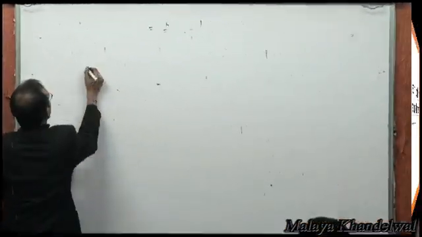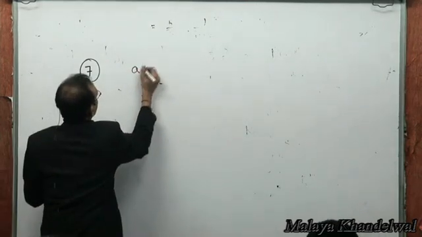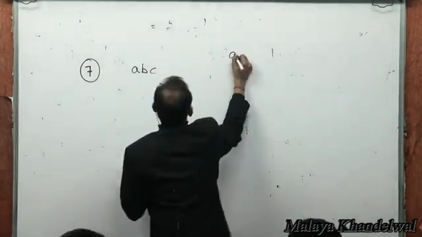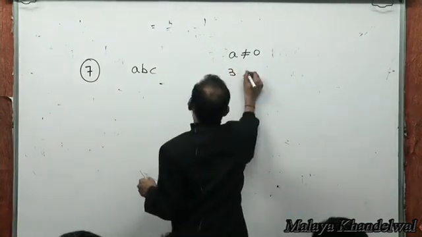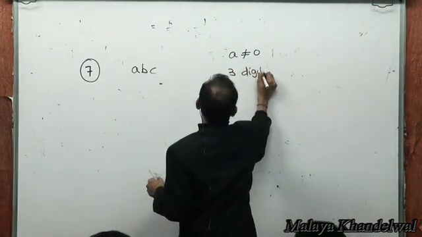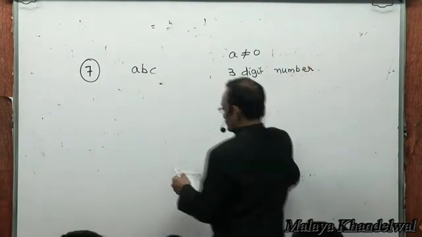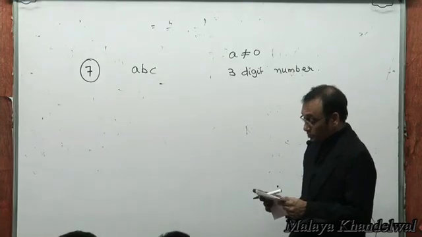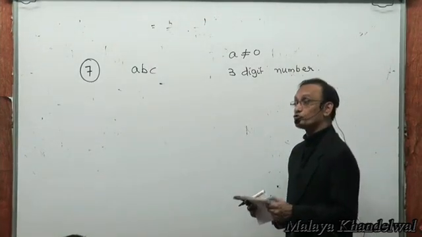Number 7. A 3-digit number is chosen at random. That means obviously A is not 0, right? What is the probability of having digits in increasing order from left to right?